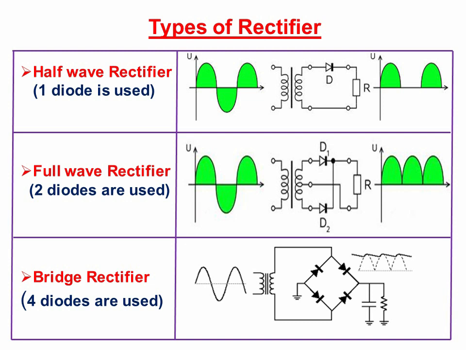Refer to the diagram. Here we get a full waveform. The third one is the bridge rectifier. Here four diodes are used. Mostly all electronic devices use this type of bridge rectifier.